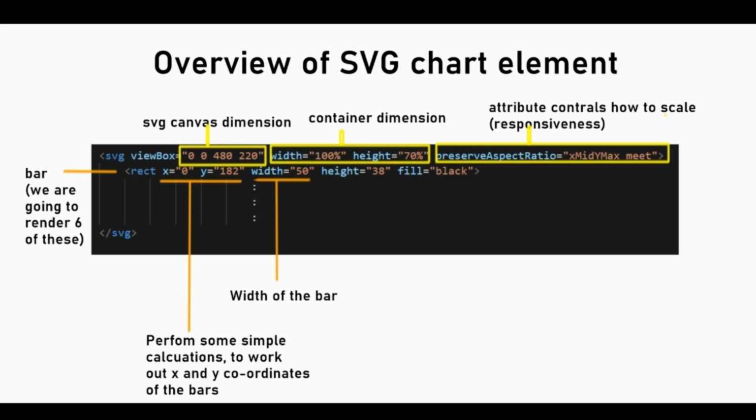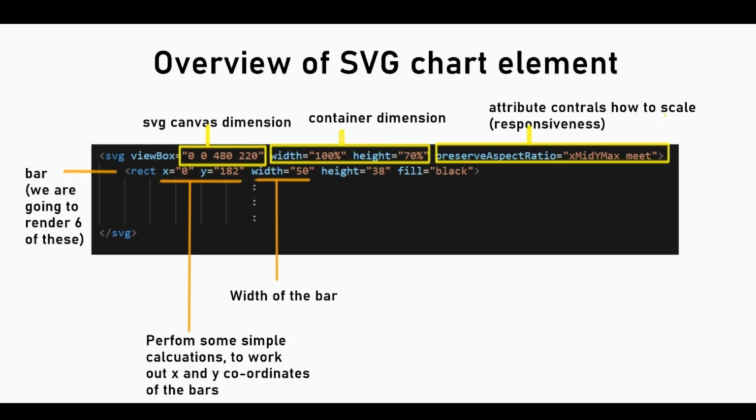In the second box, I've given a width and a height, and this is the dimensions of the container. It's like a wrapper for the SVG canvas. As you can see, I've given a width of 100% and height of 70%. So there is a sort of a discrepancy with the canvas and the container dimensions.